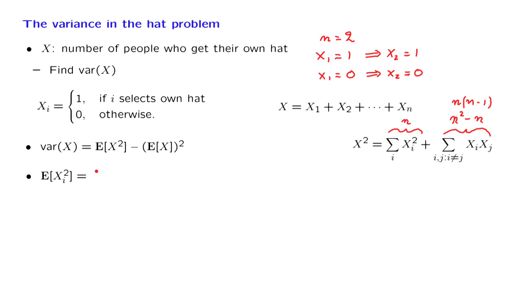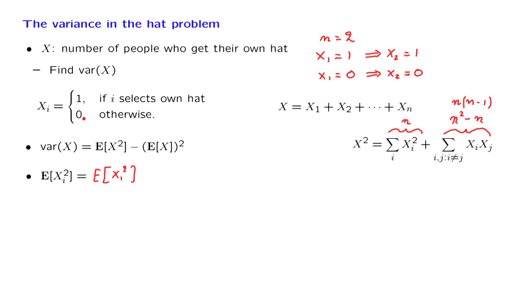First, if we use the symmetric description of our model, all permutations are equally likely, then all persons play the same role. There's symmetry in the problem. So Xi squared has the same distribution as X1 squared. Then X1 is a 0-1 random variable, a Bernoulli random variable.